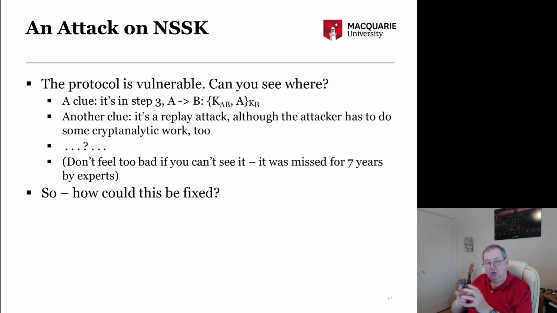That's the message that goes between Alice and Bob that contains the ticket. And another clue, it's a replay attack. Now, I'm not going to give you the answer in this lecture. As I say, it was missed for 7 years by experts until Denning and Sacco came up with it. But I will give you the answer maybe in a week or so's time through iLearn. And also, think about how it could be fixed.